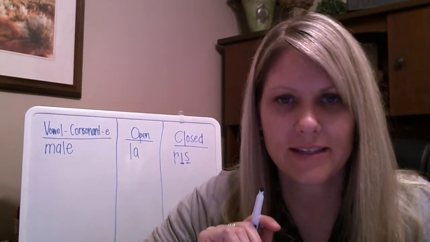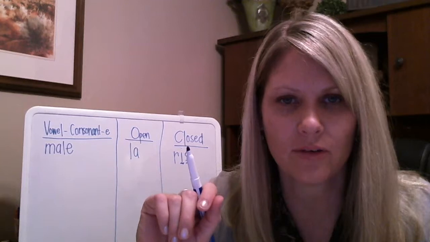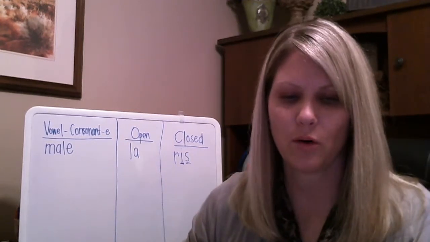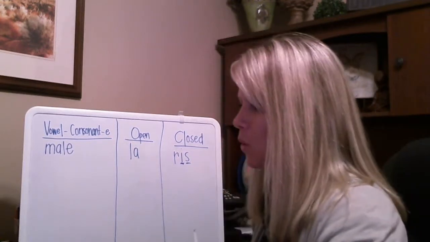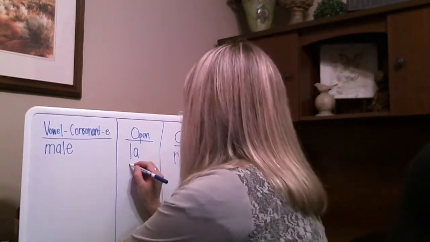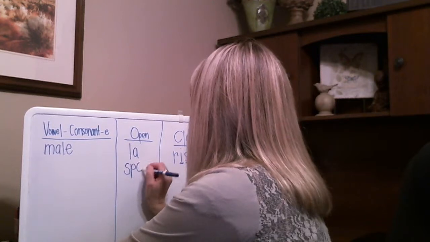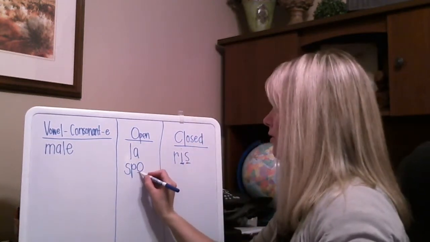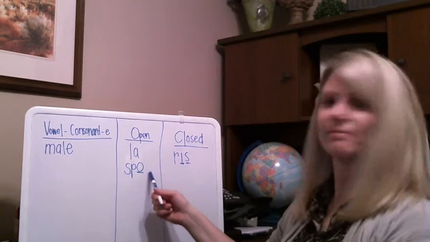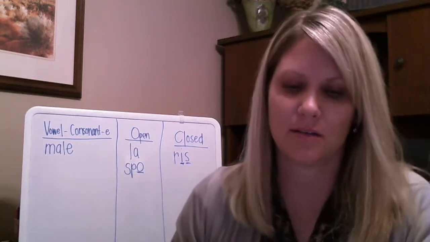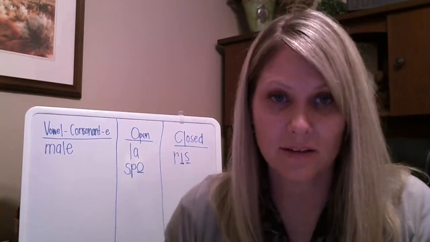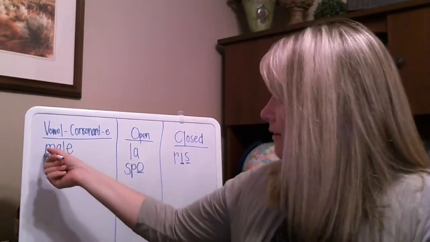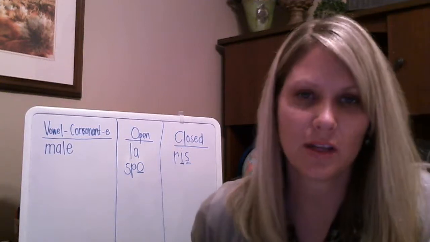Now, the O makes the long O sound, so we know that it is an open syllable, because look at that. It has the long O sound, and it doesn't have any consonants to break it up there. Okay, so the next one is male, and we know that that was the vowel, consonant, E. Go to the next one down.